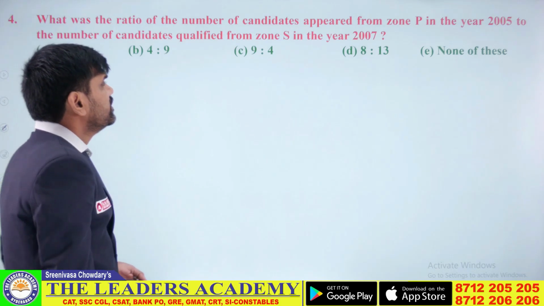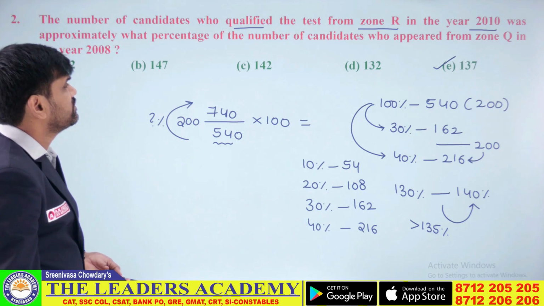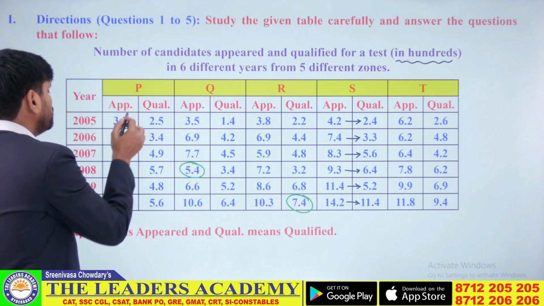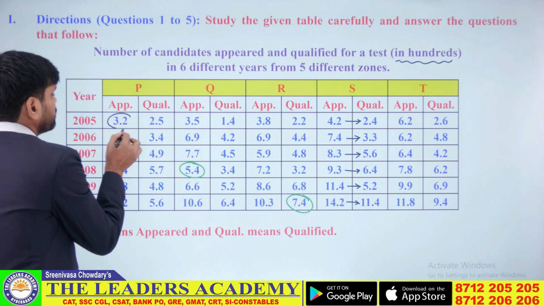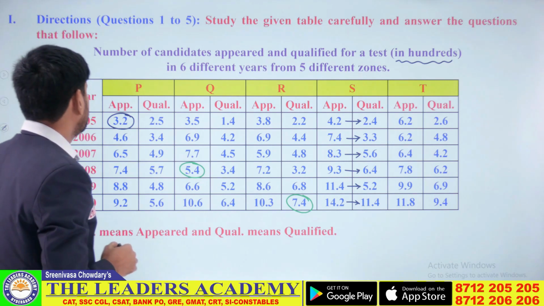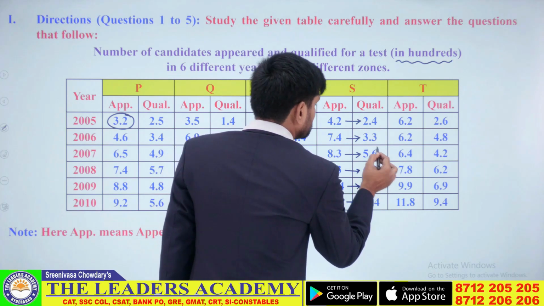Let's have a look at appeared from P in 2005, appeared from P in 2005 is this, qualified from S in 2007.